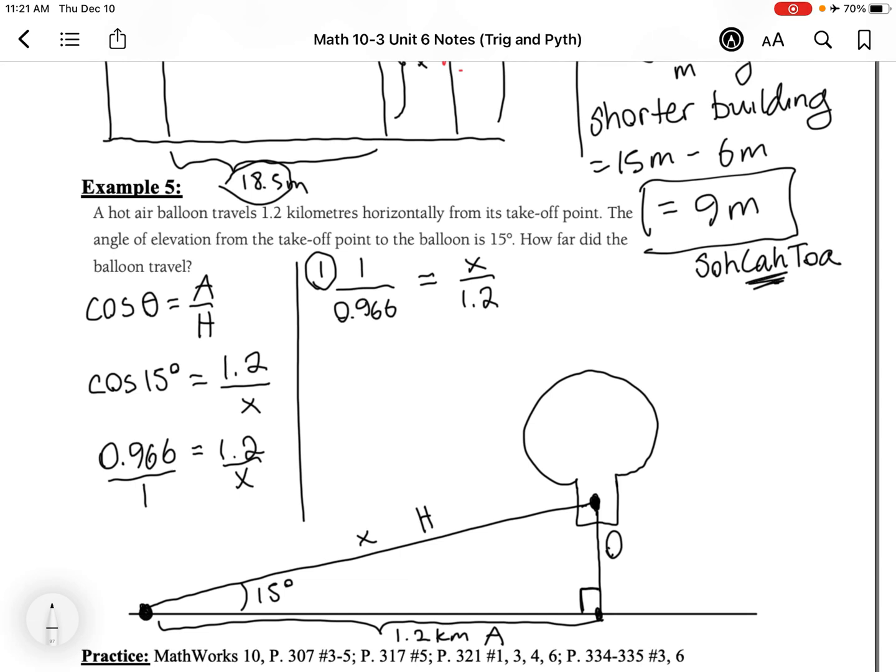So what you would do here is, well, you're dividing x by 1.2, so you'd need to multiply both sides by 1.2 and then cancel. So those cancel. And then x is going to equal 1 divided by 0.966 times 1.2.